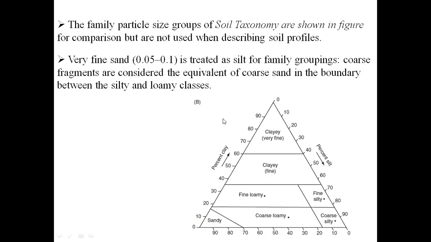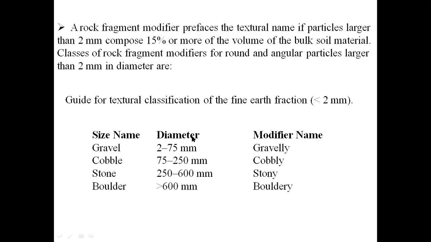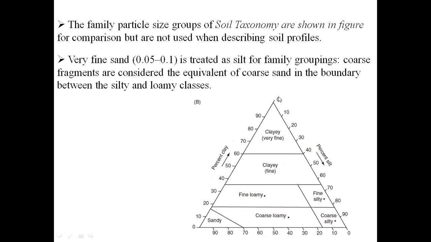But not for profile. For profiling, we have to use this one. Naturally, in the international pipette method, the Robinson pipette method, we use this triangle. But for classifying family, we should use this triangle.